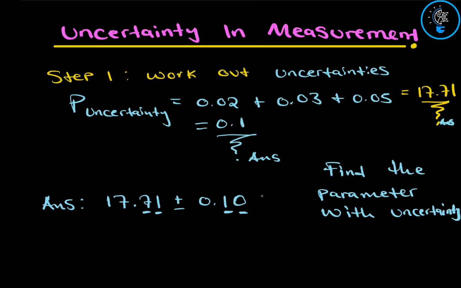So you write it this way. And don't forget to include the units. The units were centimeters. So that's how you answer a question of this kind if you are told to find the parameter with uncertainty. So this is your answer.